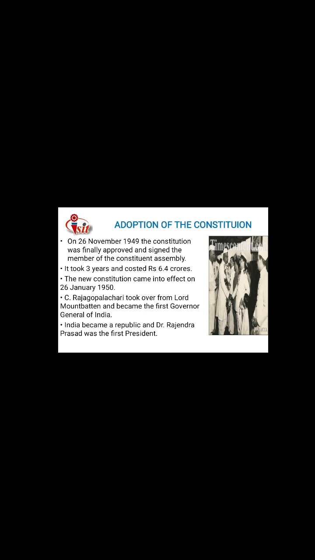The new constitution came into effect on 26th January 1950. So Chakravarti Rajagopalachari took over from Lord Mountbatten and became the first Governor General of India, and India became a Republic, and Dr. Rajendra Prasad was the first President of India.